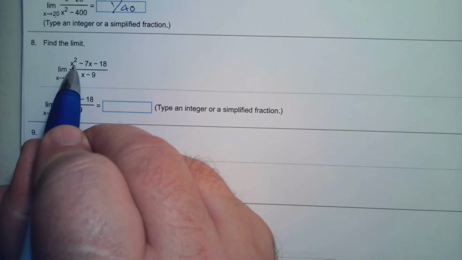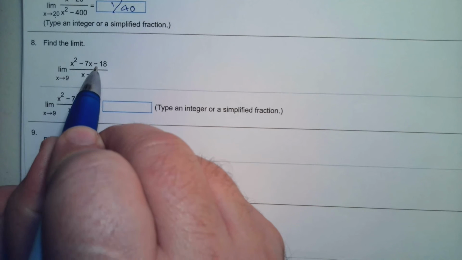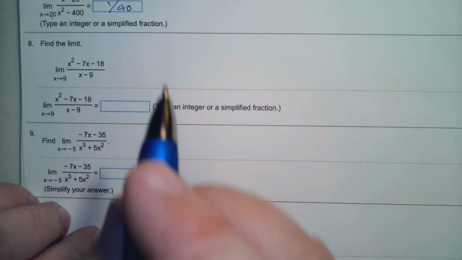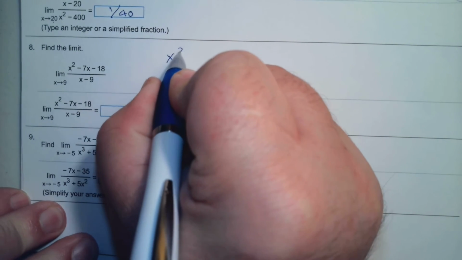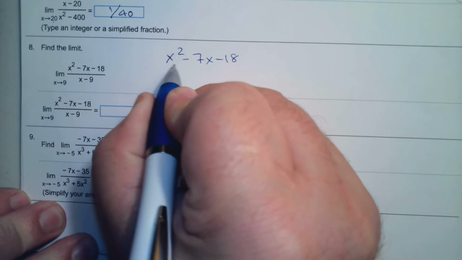So we put a 9 in there, get 81 minus 63 minus 18, 0 over 0. So let's see if we can factor it out. So we have x squared, 7x minus 18.